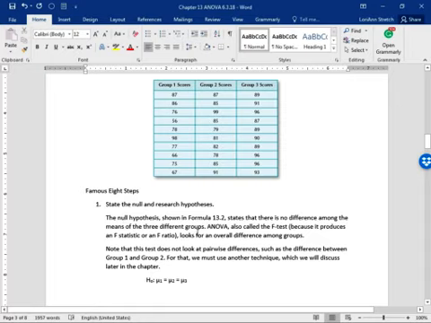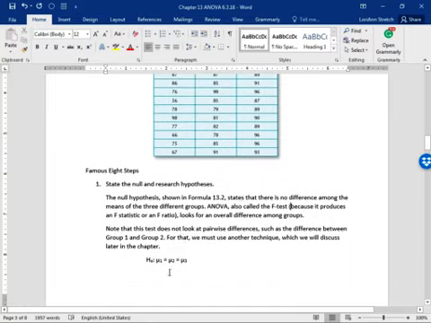Now, the null hypothesis, shown in your book in Formula 13.2, states that there's no difference among the means of the 3 different groups. ANOVA, also called the F test because it produces the F statistic or the F ratio, looks at the overall differences among groups. Here you can see what the formula looks like; I've recreated it here.